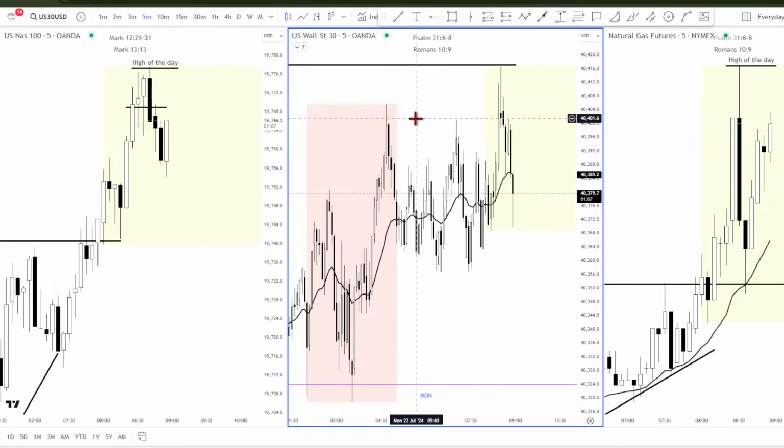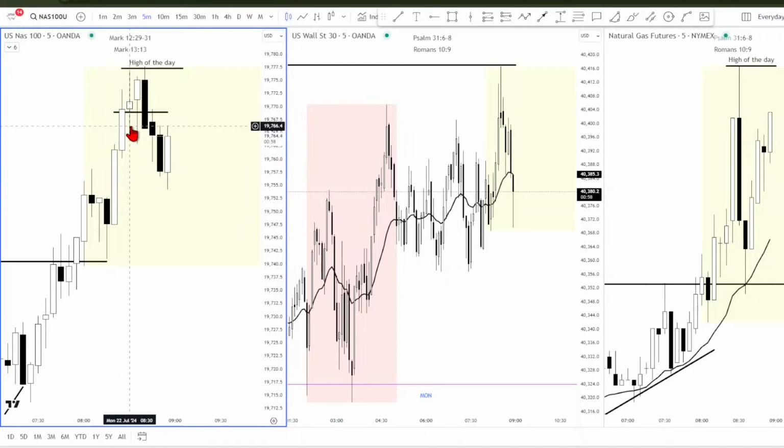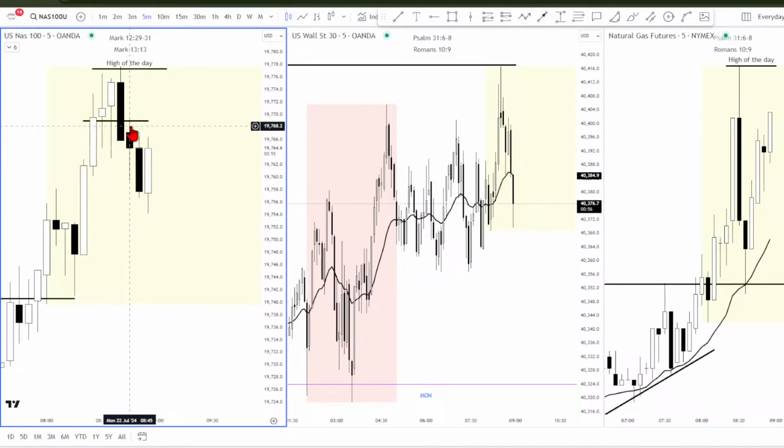Okay, NASDAQ gut punching everybody who's decided to sell this 1, 2, 3 back down. It's good behavior. I like to see that.